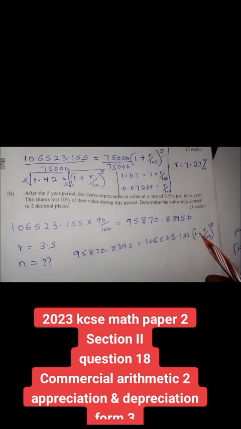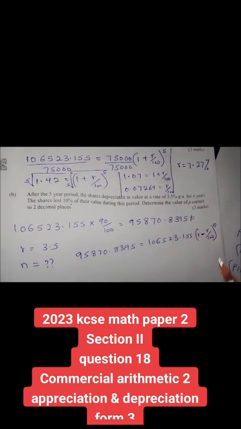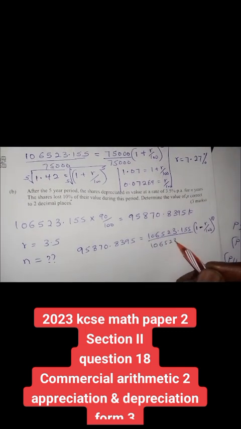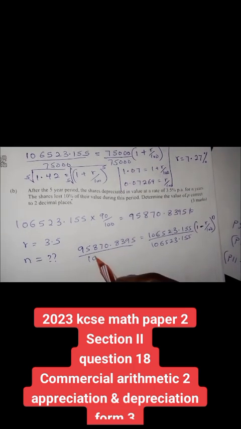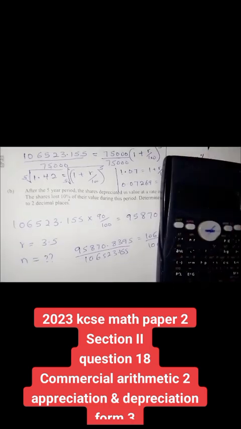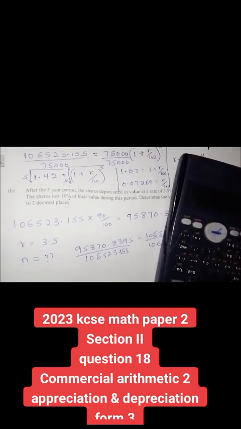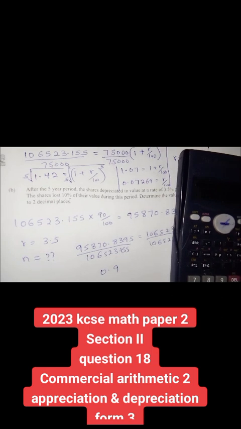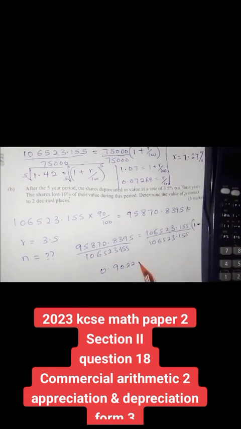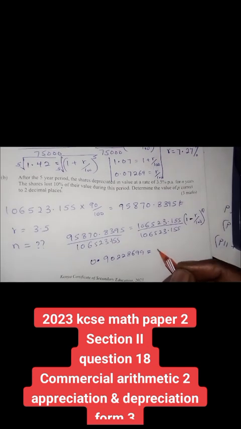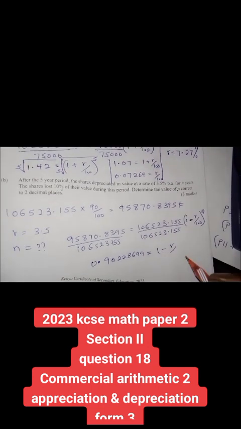So here you divide both sides by 106,523.155. I have 0.90228699. It is not compulsory to write all of this after the decimal point, but I write it to avoid approximation errors.